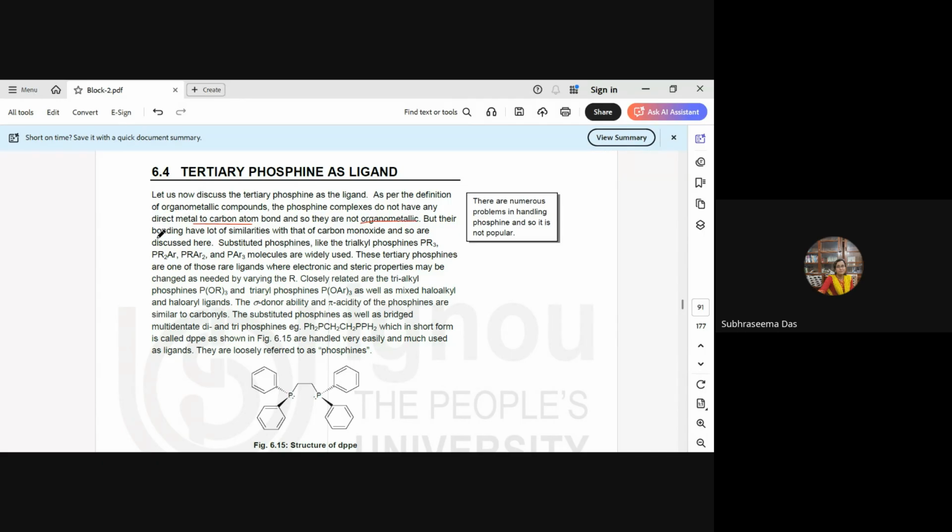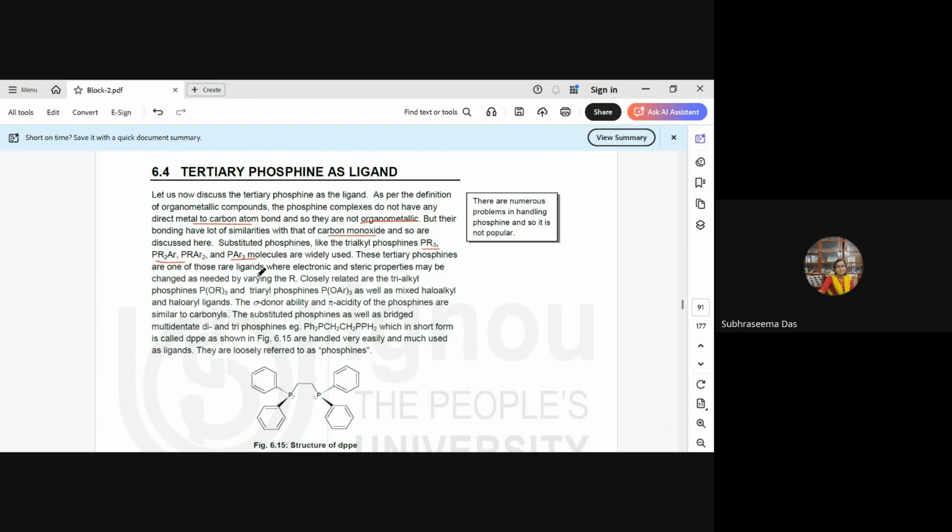But the nature of the bonding of tertiary phosphine has a lot of similarities with the carbon monoxide molecule. Because of this similarity with carbon monoxide, tertiary phosphines are regarded as inorganic or organometallic ligands. Substituted phosphines like the trialkyl phosphines, PR3, PR2Ar, PAr3, are widely used.